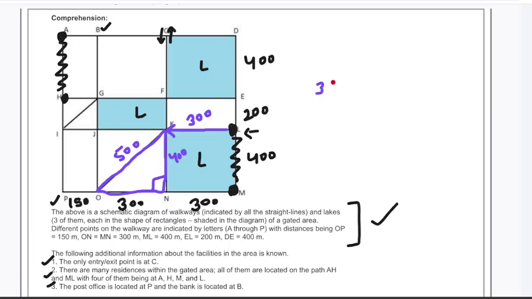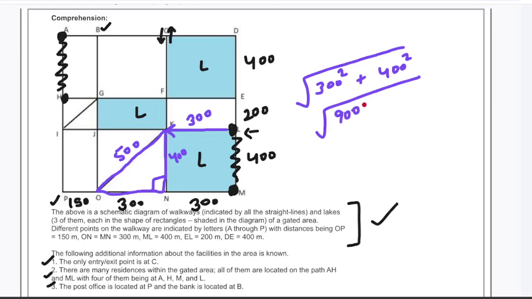That is the square root of 300 squared plus 400 squared. In total it is 90,000 plus 160,000, that is 250,000, which is 500.